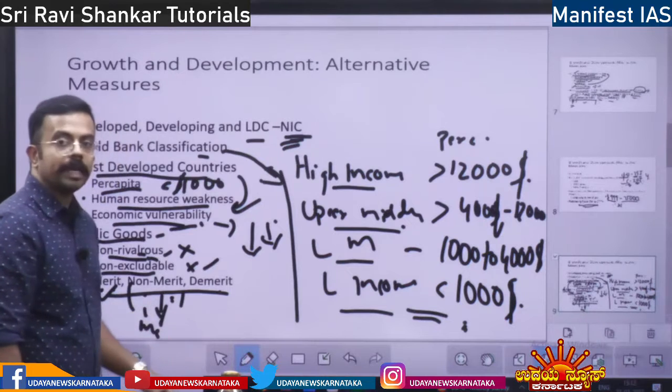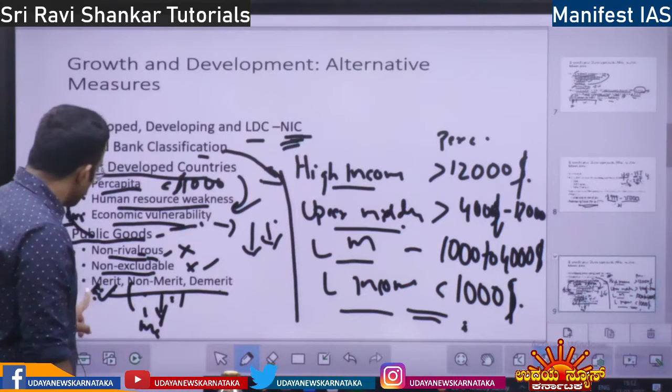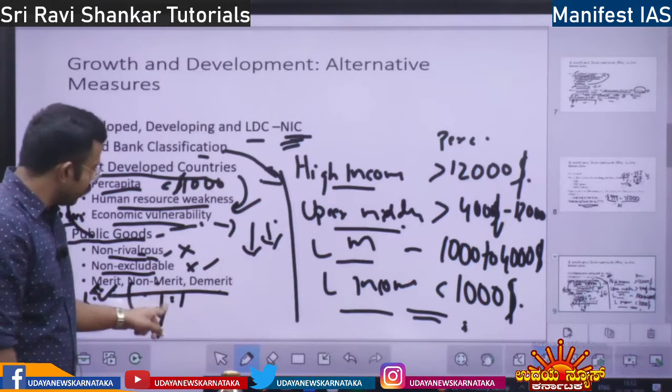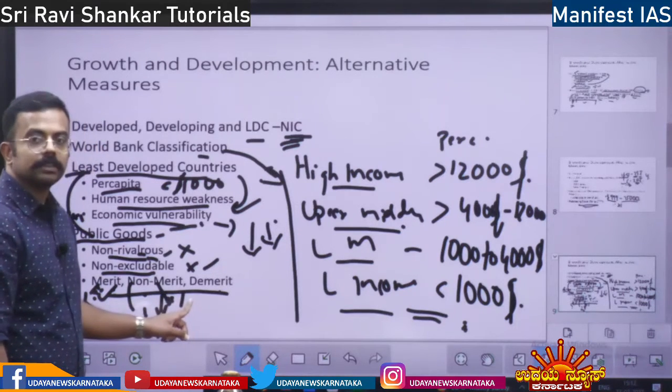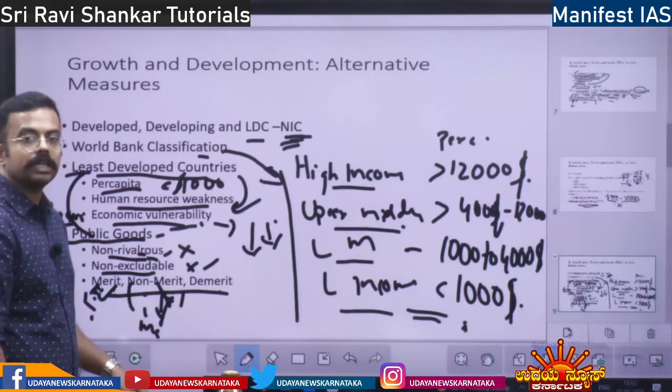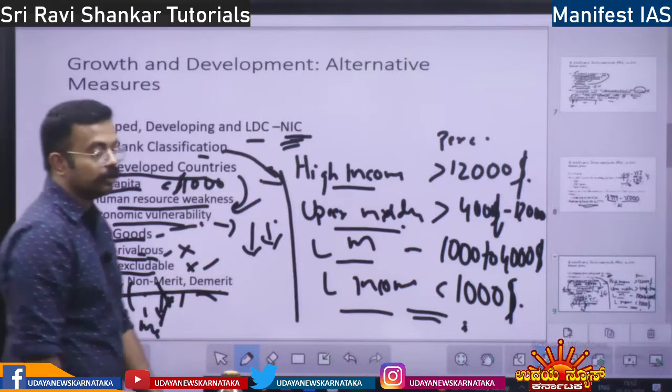Going to a public hospital, a district hospital, is a merit good, but going to Fortis, Apollo, all these hospitals, is a non-merit good because it requires money.